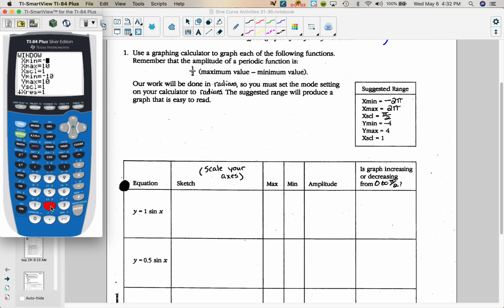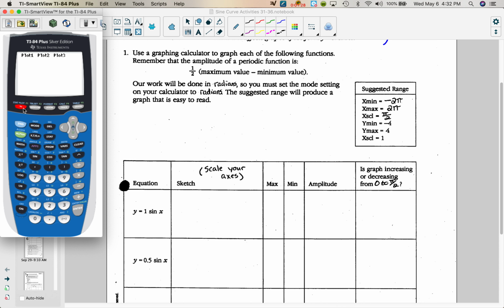You can actually type that in, -2 and then the pi symbol, and when you hit enter, it will convert that. Our x max is 2 pi. Our scale is pi over 2. And y min is -4, y max is 4, and the y scale is 1. You don't have to worry about the rest.